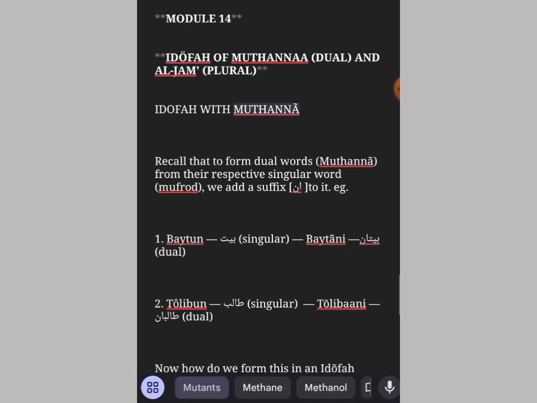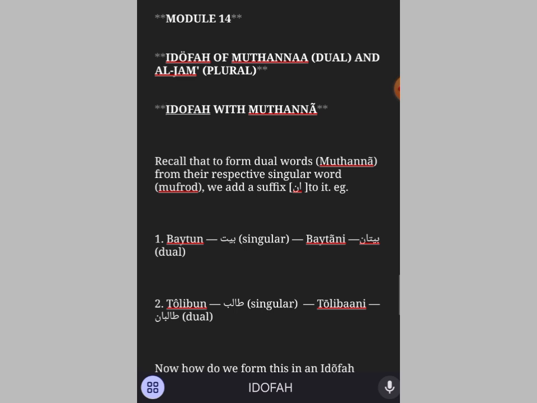The first thing I'm going to be talking about right now is إضافة with مثنى. Let's recall that مثنى means dual. We form a مثنى from its singular by adding two letters as a suffix, Alif and Nun, to any singular noun that you have.